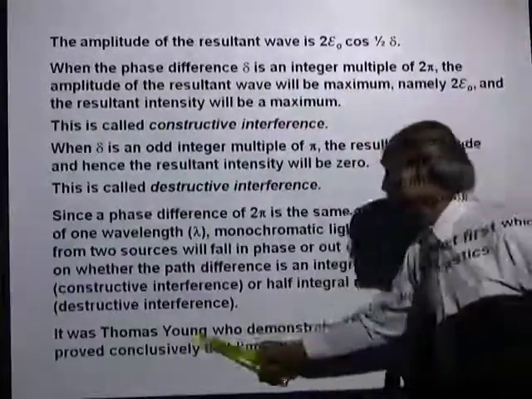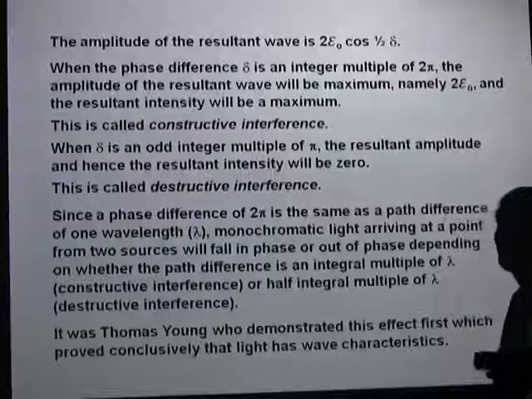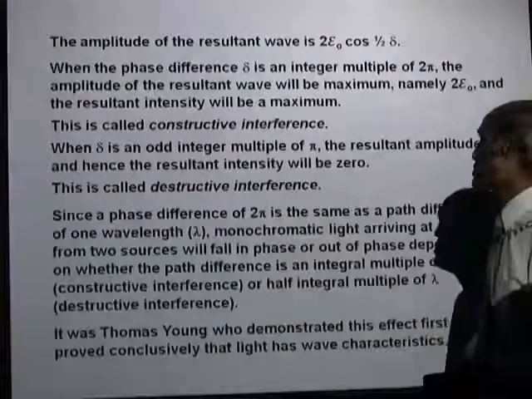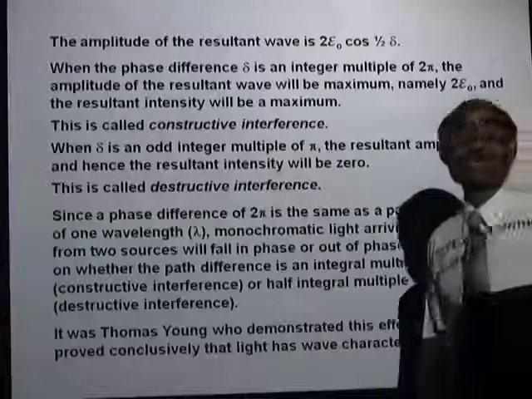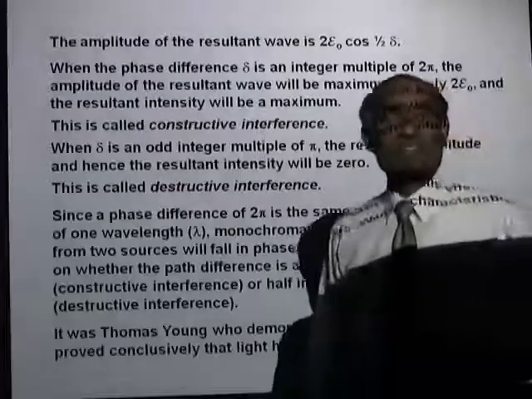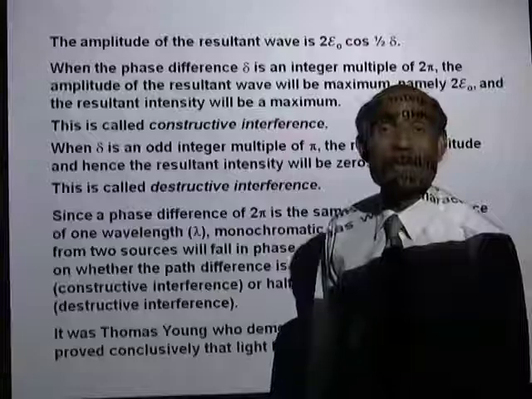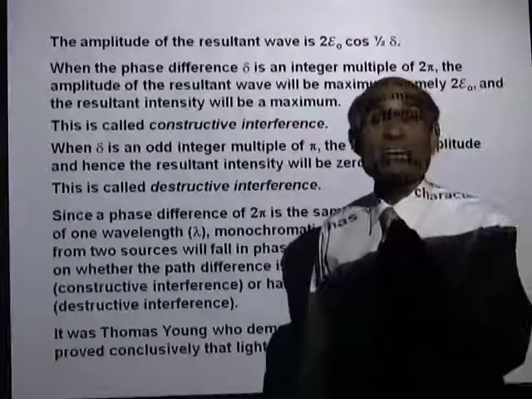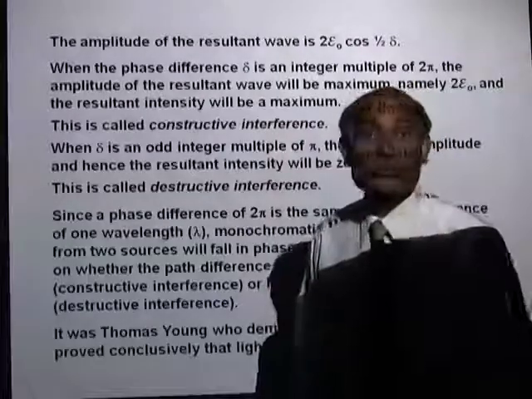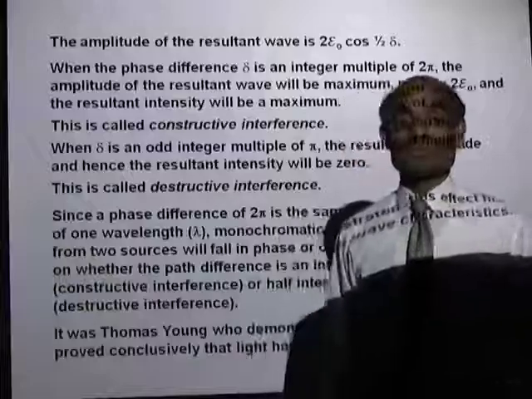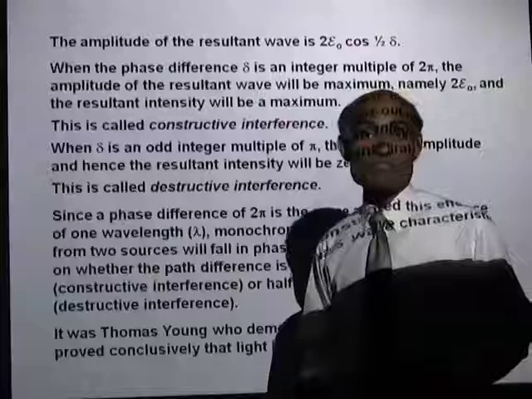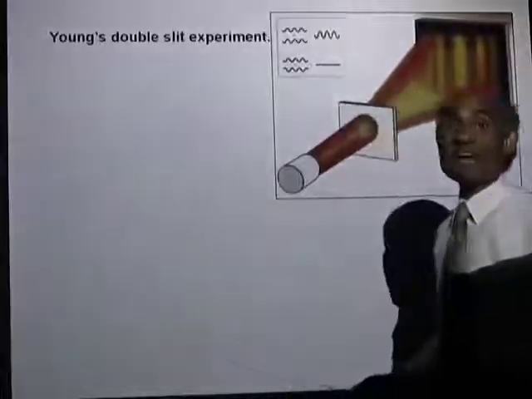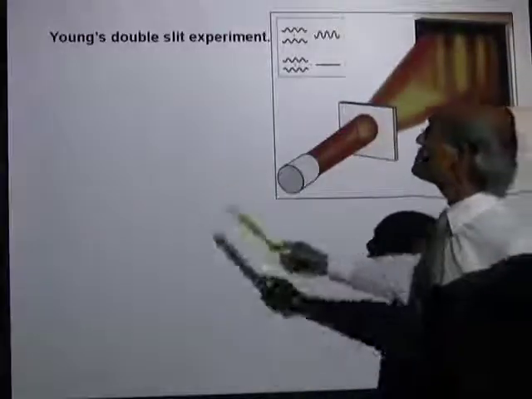It was Thomas Young who demonstrated this effect first, which conclusively proved that light has a wave characteristic. So does it mean that people who argue for the particle nature of light have to give up and say, well, we are wrong? Well, not so simple, but what we have now seen is that light has wave nature.